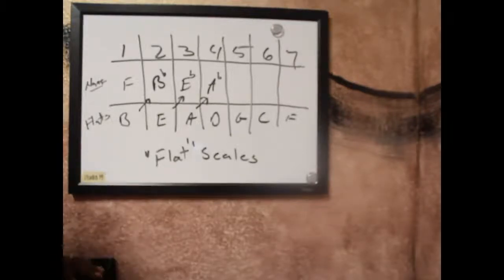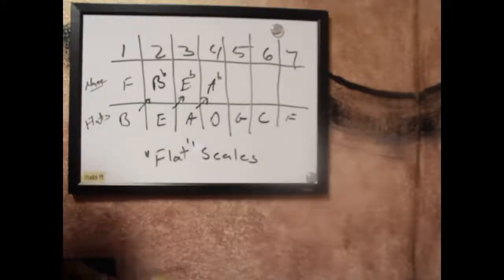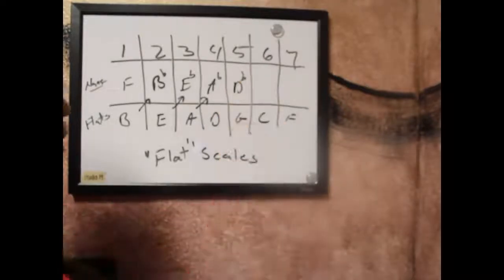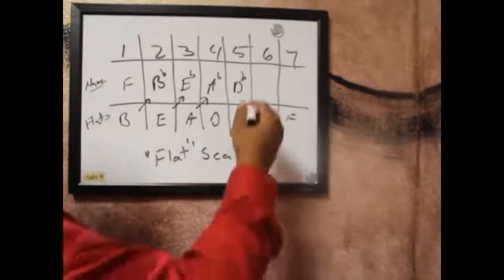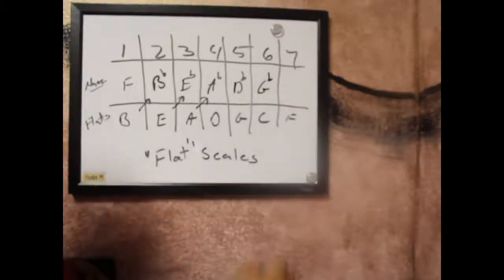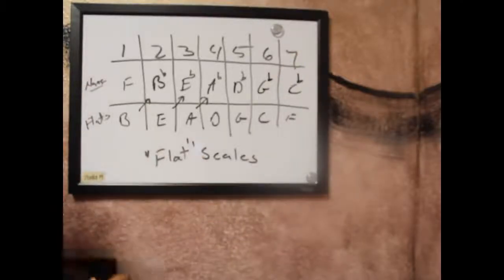So you can already guess with 5 flats what the next scale is going to be called, can't you? That's right, D flat. And the next one, very good, G flat. And the next one, C flat. And those are all of the flat scales.